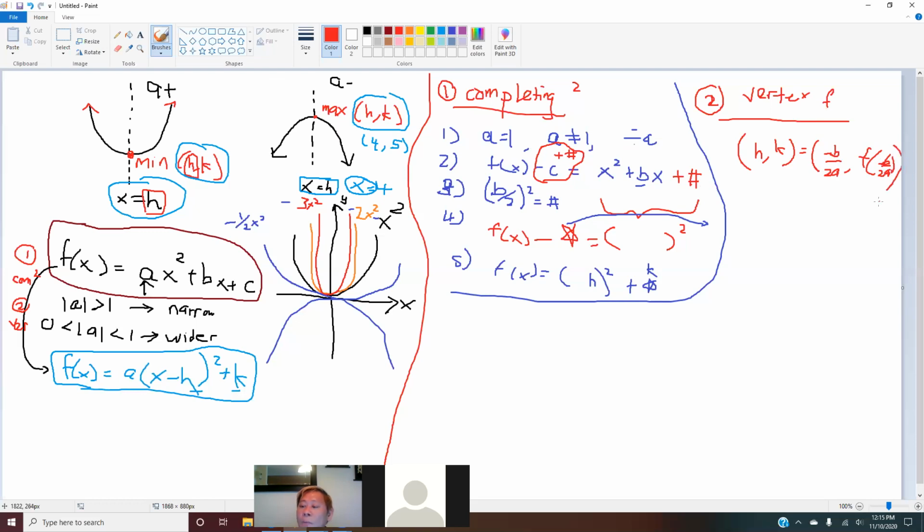So once you figure out your h and your k, you just plug into this formula. Your a is the same as the leading coefficient that you have, so this a is going to be the same.